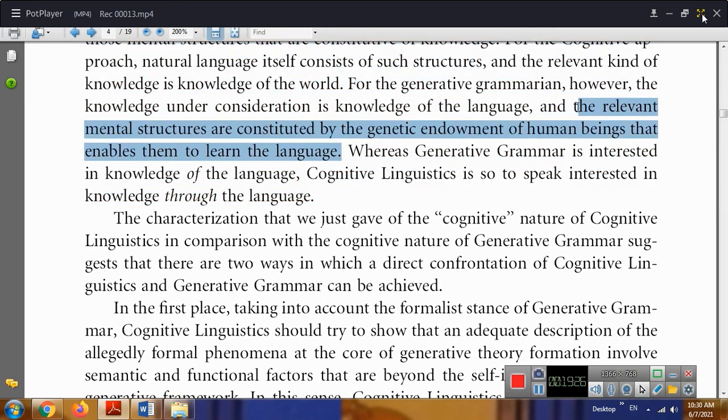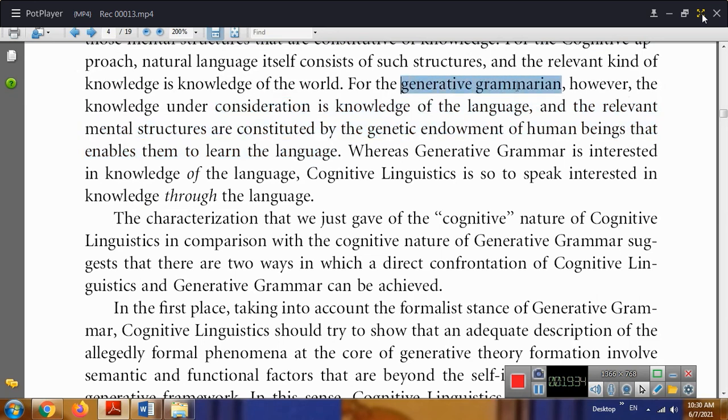You should know that this is related to the generative grammarian. You should know these differences. Maybe I give the slot, the term, and give you the principle, and vice versa.